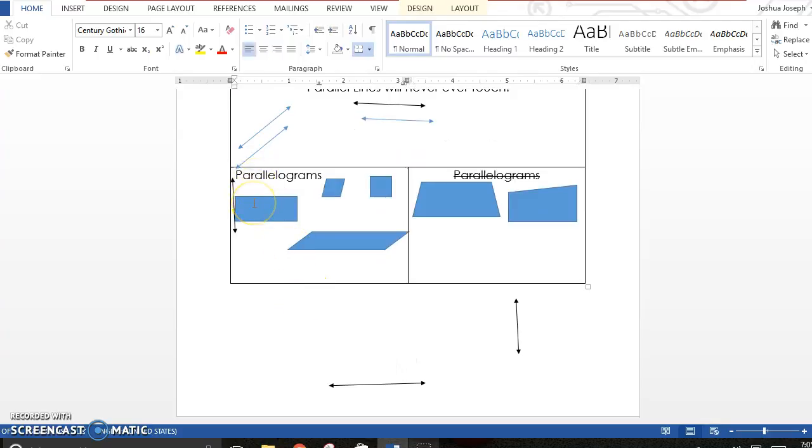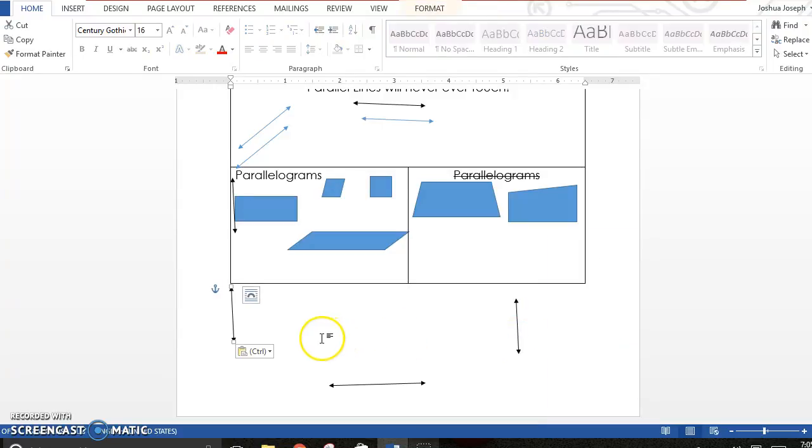So look at this rectangle over here. And if you notice this side, and now let's look at the opposite side. And you'll notice that the opposite sides of a rectangle will never, ever, ever touch.